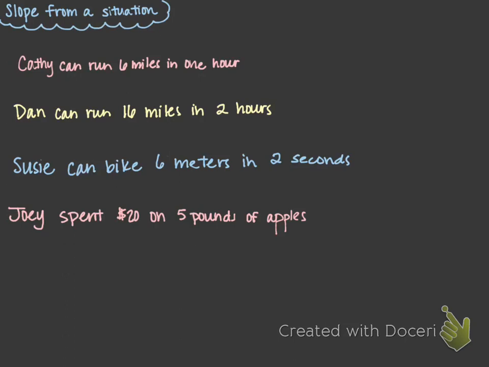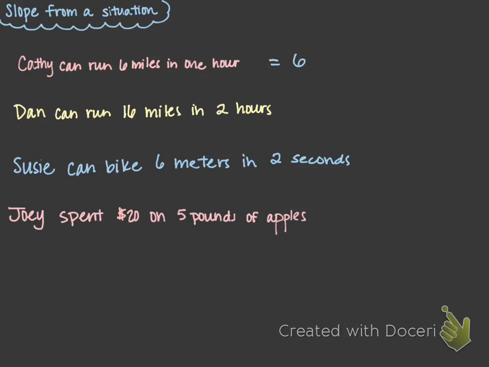So first, let's talk about slope from a situation. We have 4 different types of situations here, just so we can look at how slope is portrayed in the real world. So for our first problem, we have Kathy can run 6 miles in 1 hour. So we're really asking, how fast can she run in an hour? And the answer is 6 miles per hour.